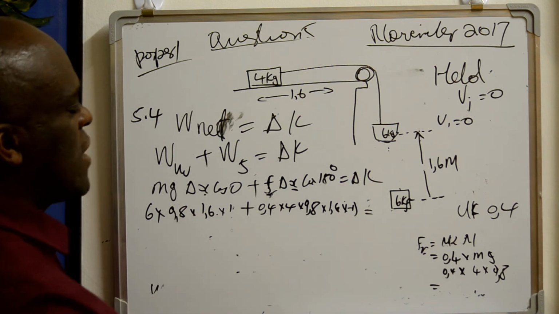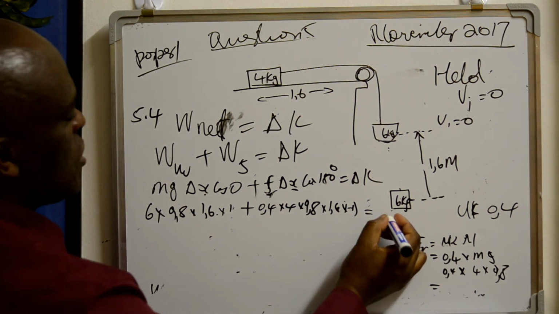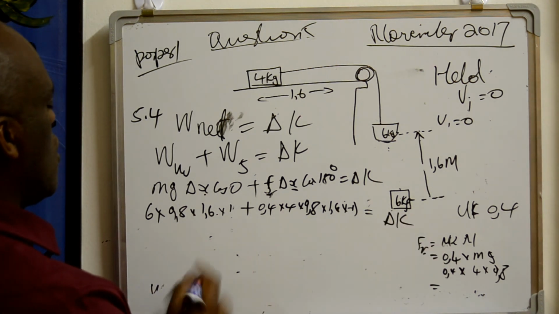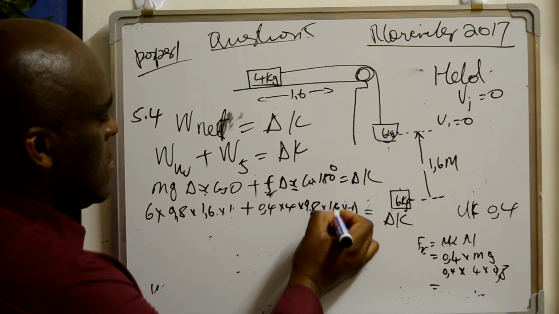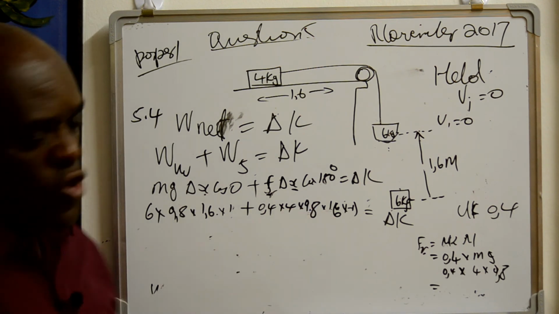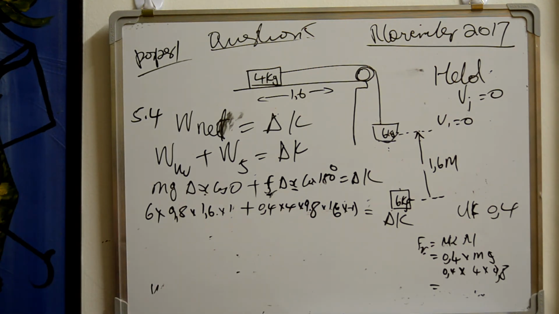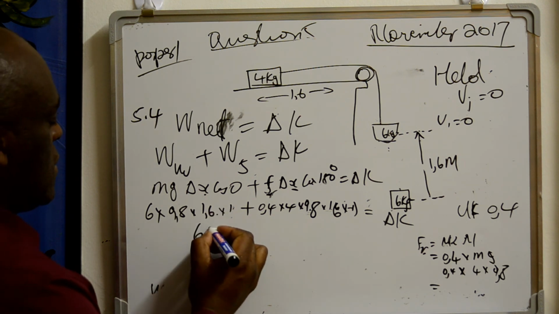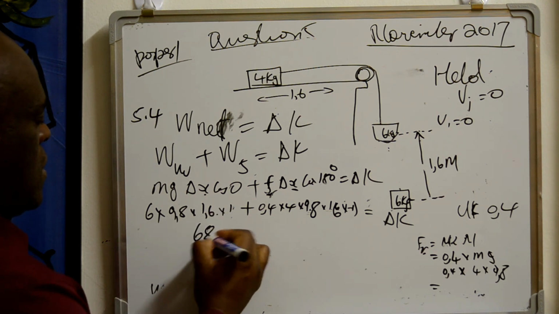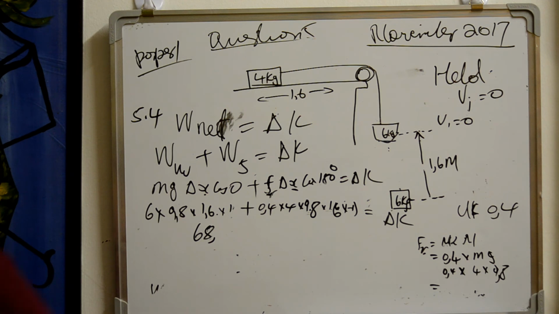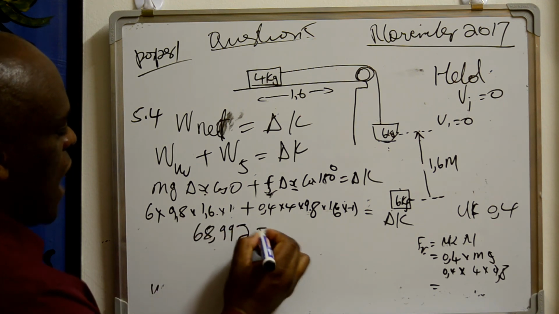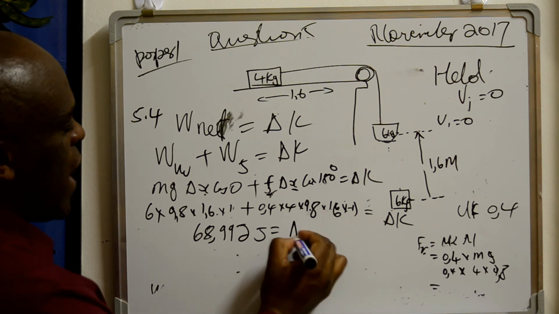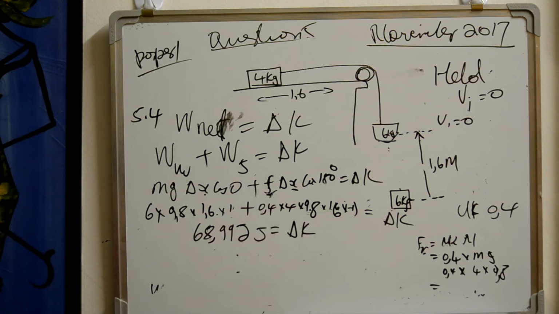This is equal to the change in kinetic energy. You multiply the whole thing, 1,6 times -1, and I believe you get 68,992 joules, which is equal to the change in kinetic energy. That is my net work.